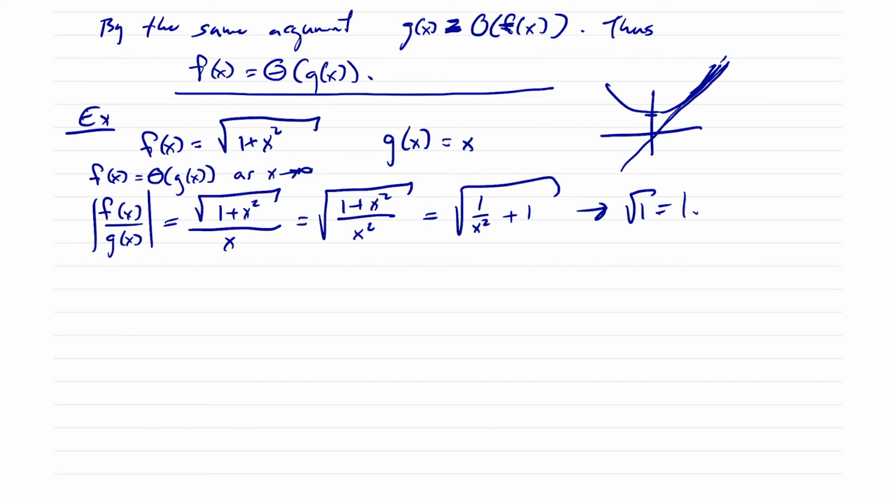Again, without more reasoning, we can't be sure that it's always going to stay below 1, but we can definitely say that if this is going to 1, then this ratio itself has to be eventually less than 2. So, for a large enough x.